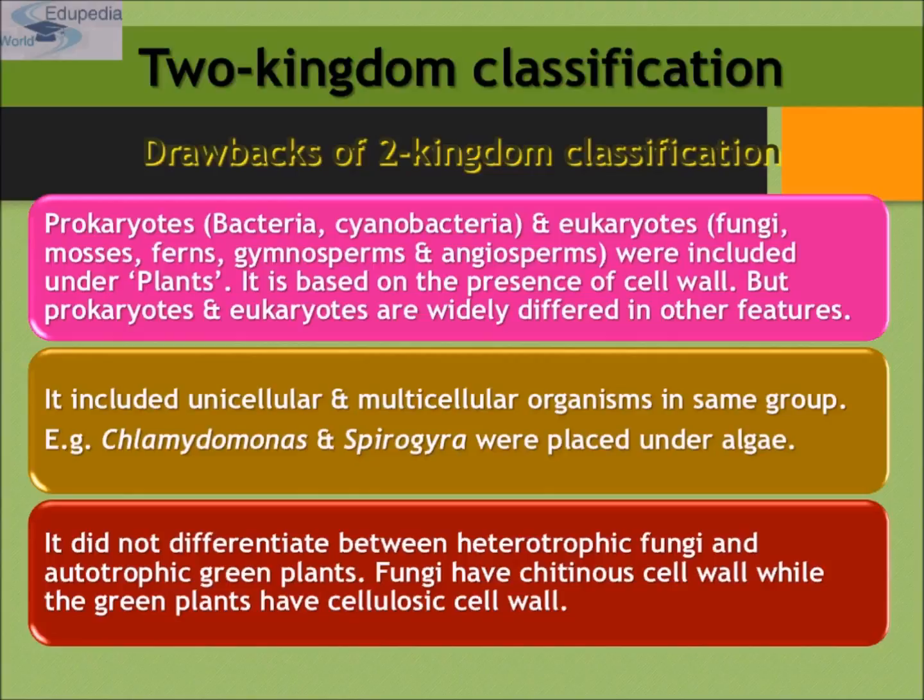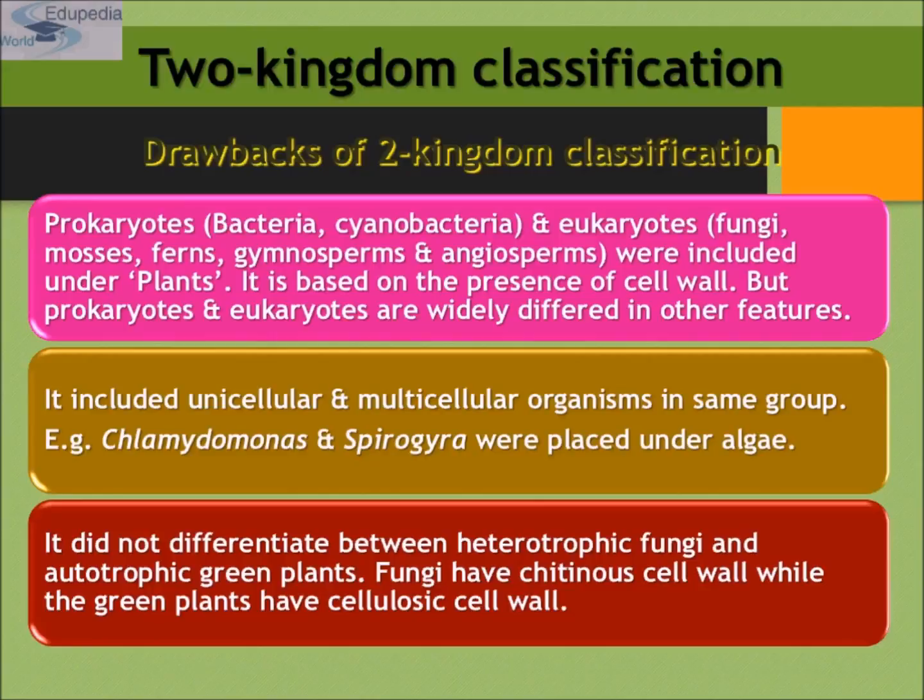So, what were the drawbacks? The demerits were, you can say, that some protozoans like Euglena possess characters of both plants and animals. They are not classified in a particular group. This is the first and foremost demerit of the two-kingdom classification.